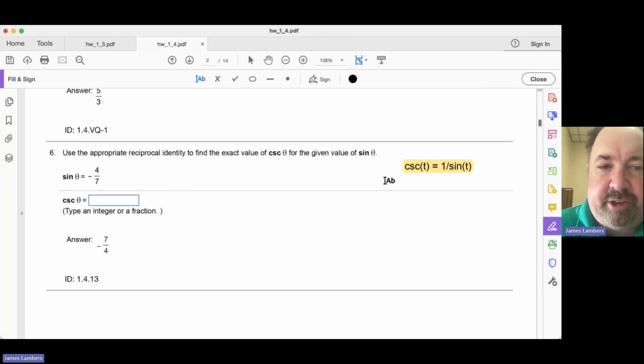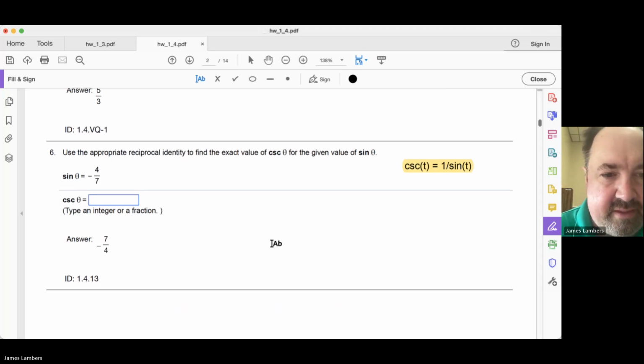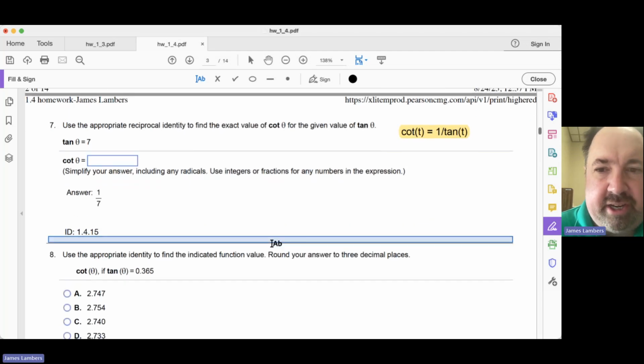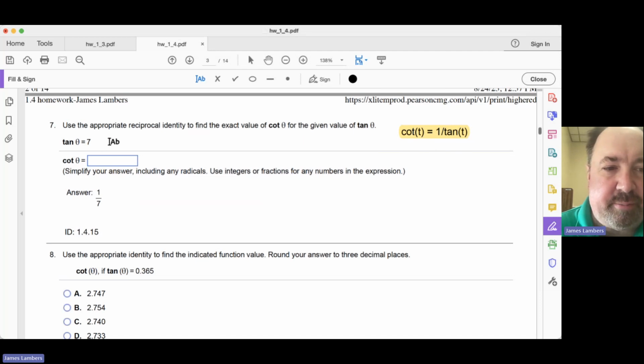This problem, another reciprocal identity, cosecant is 1 over sine. You're given the sine of an angle, so to get cosecant of that same angle, you're just going to flip a fraction again. And then one more reciprocal identity. Cotangent is 1 over tangent, so if you're given a tangent, you just take the reciprocal of that. That gives you the cotangent of that angle.